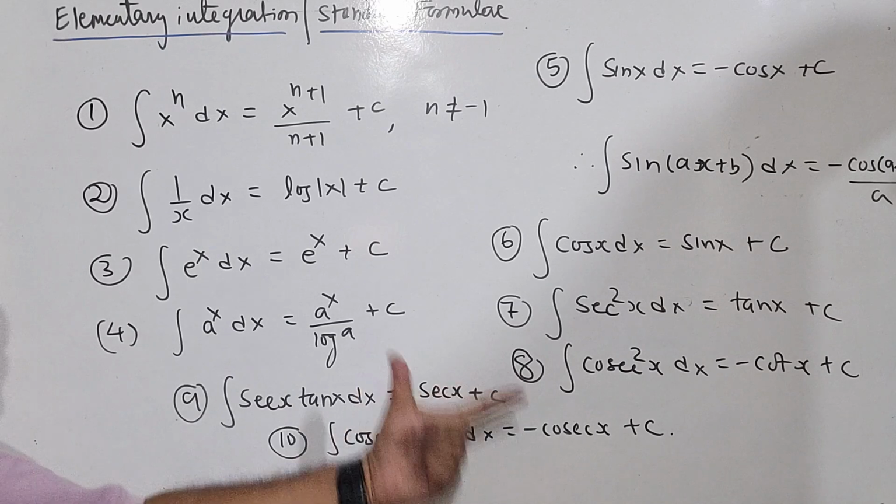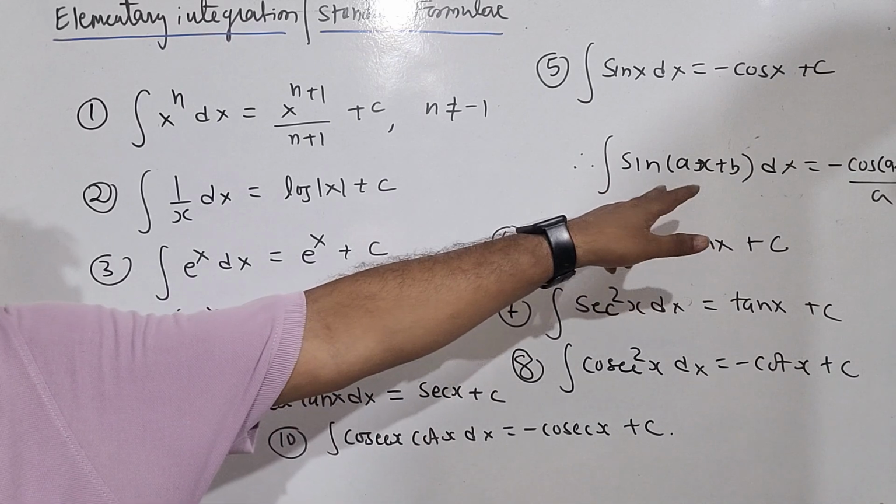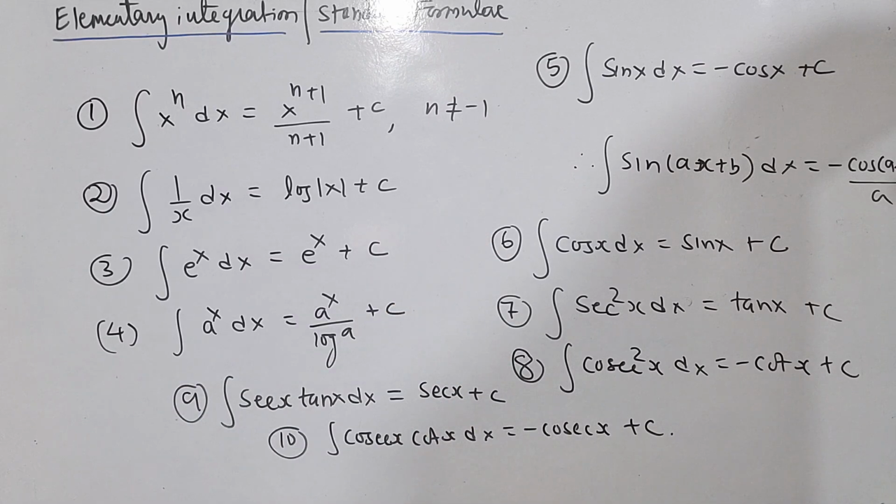Therefore, the integration of cosec x into cot x dx is equal to minus cosec x plus c. And this type of linear transformation we can do in every formula, correct? Okay, now coming to the next formulas. We have now come to the 10th one, correct?